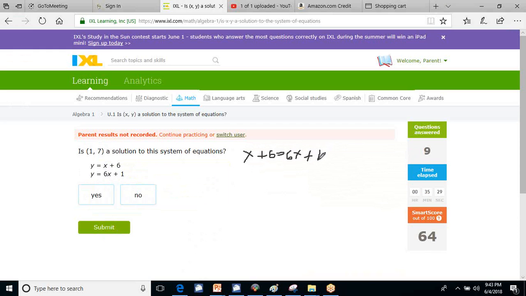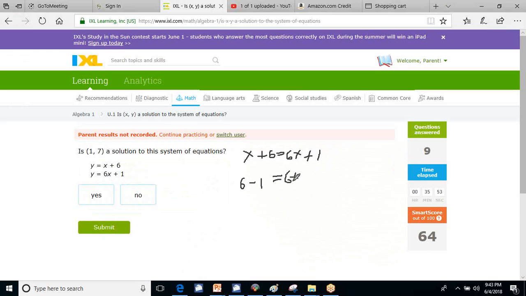So keep the letters on one side and the numbers on the other side. So let's keep the letters on the right hand side and the numbers on the left hand side. So this is going to be 6. If we bring this 1 to the left hand side, it's going to be minus 1, and that's going to equal 6x.